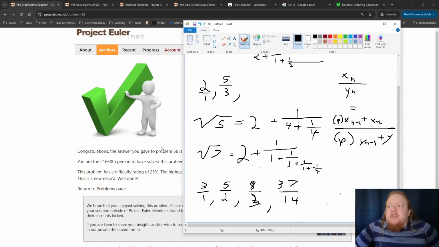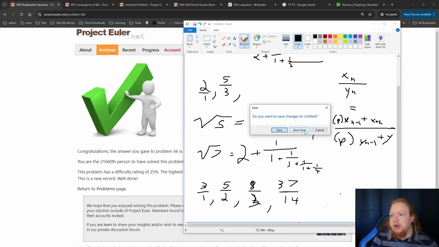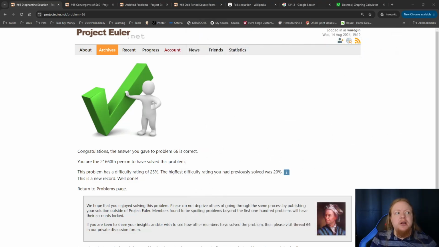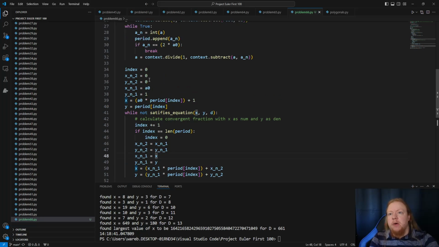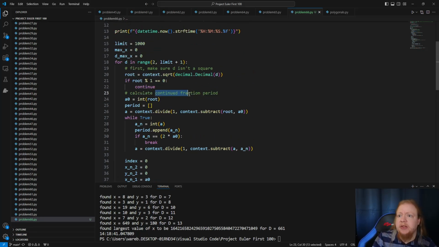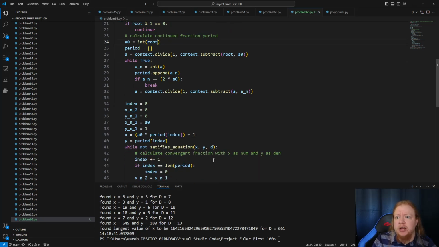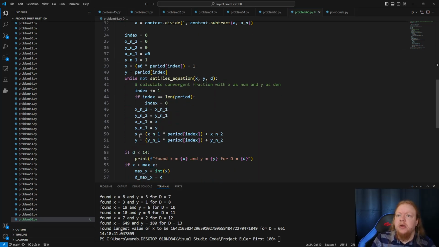Okay. So, this one really builds on some of the earlier Project Euler problems where you have to know about these convergent fractions, you have to know about the continued fraction periods that help to create the convergent fractions, and you have to figure out this formula, which I probably would have benefited from in the last problem.